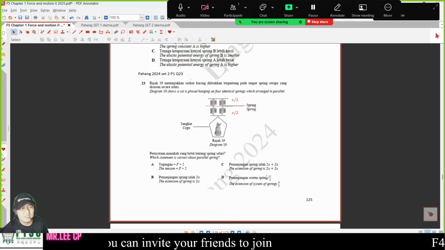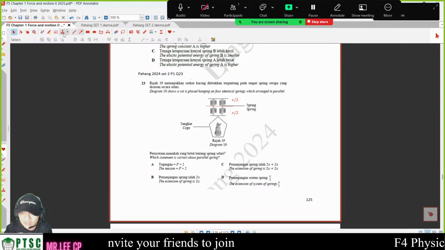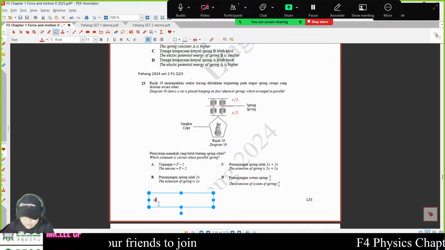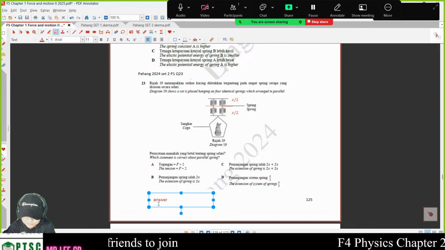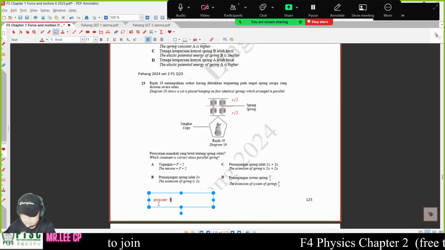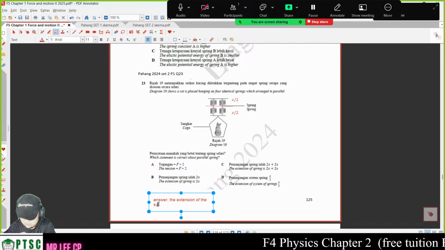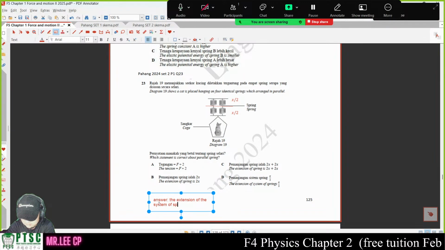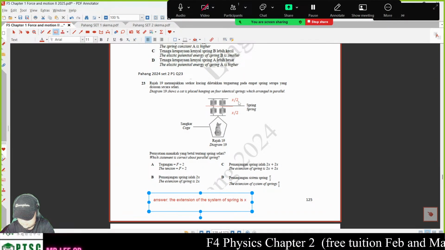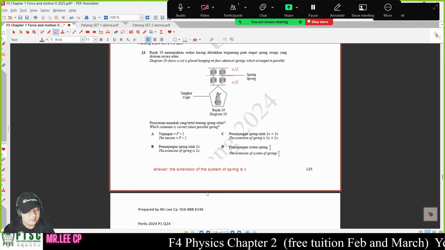It is not x over 2. No, I don't agree. So I'll use my answer. The extension of the system of springs is x, x over 2 plus x over 2. Alright, use my answer.